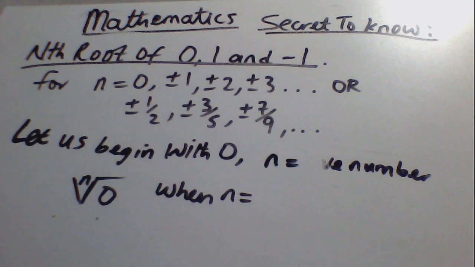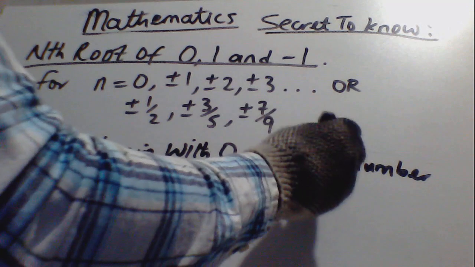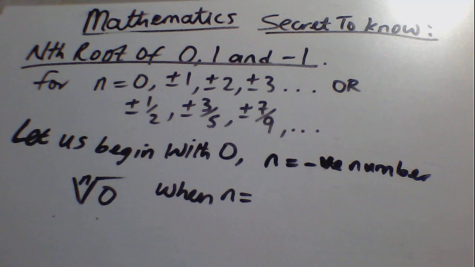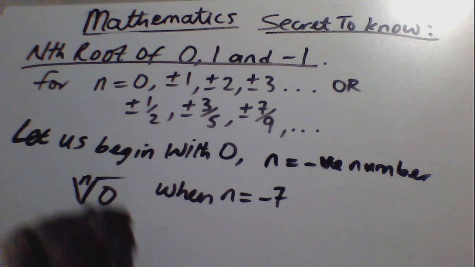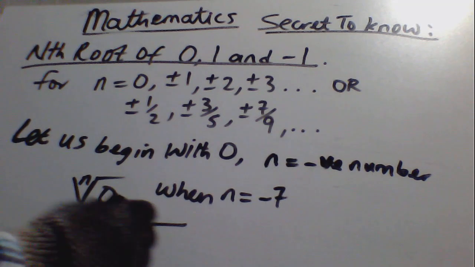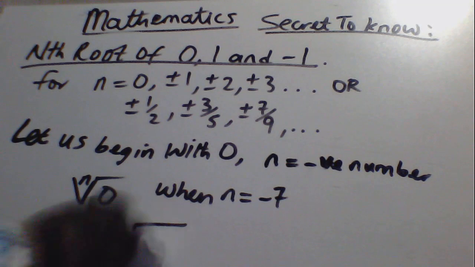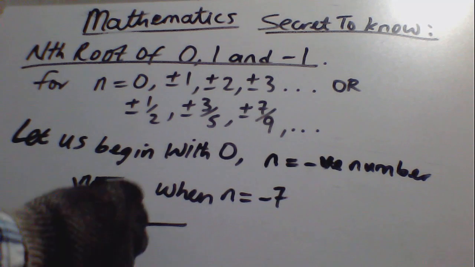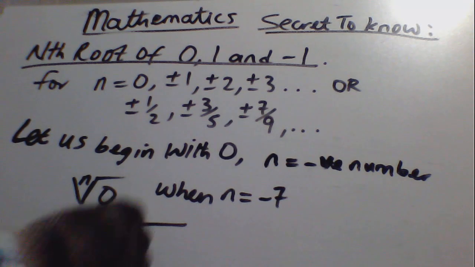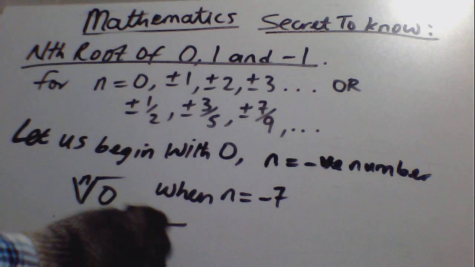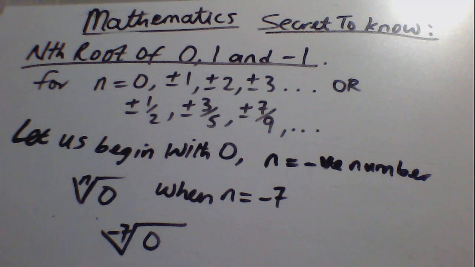Let's take n as minus 7, with 0 as the radicand.